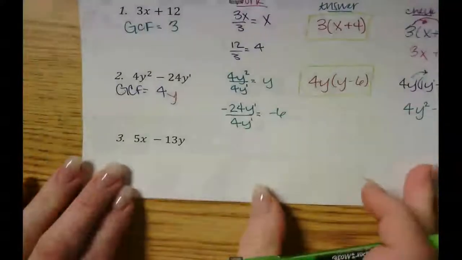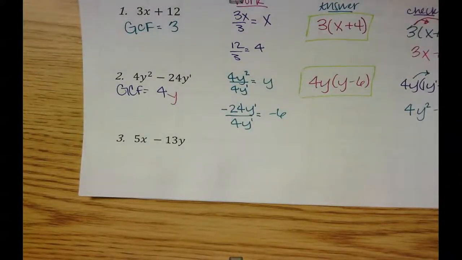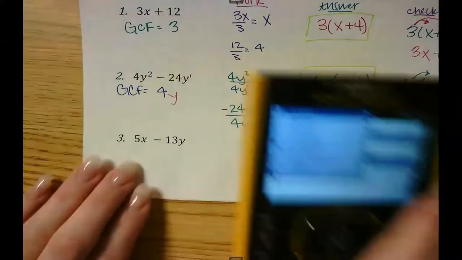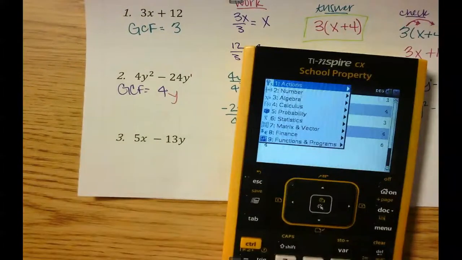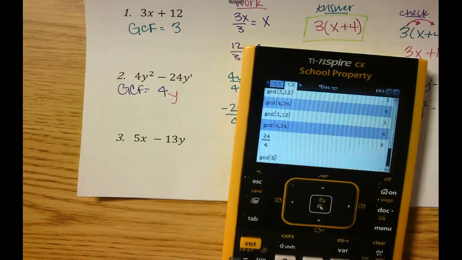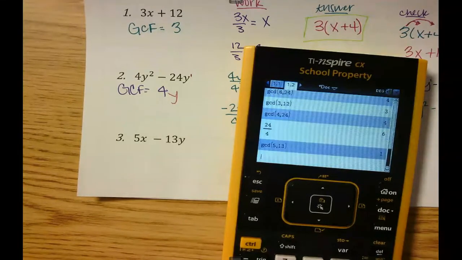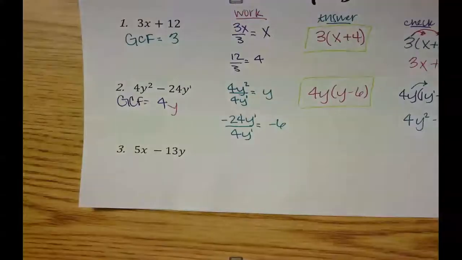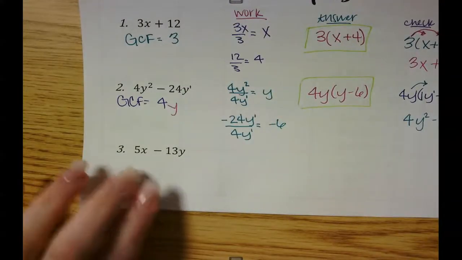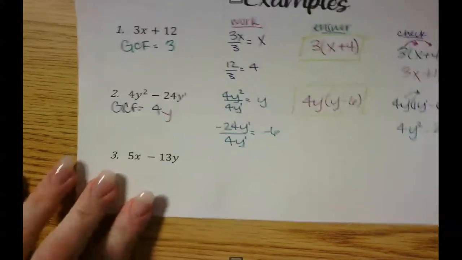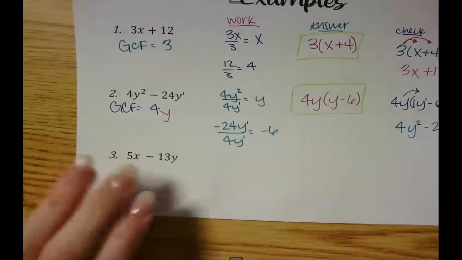All right, one more example. We have 5x minus 13y. First step, looking at those numbers, menu, 2, 5. We've got a 5 and a 13. Oh, 1 is our greatest common factor. If you get a 1, then there's not a common factor between the two numbers. Second step is looking at the variables. We have an x to the 1 and a y to the 1.